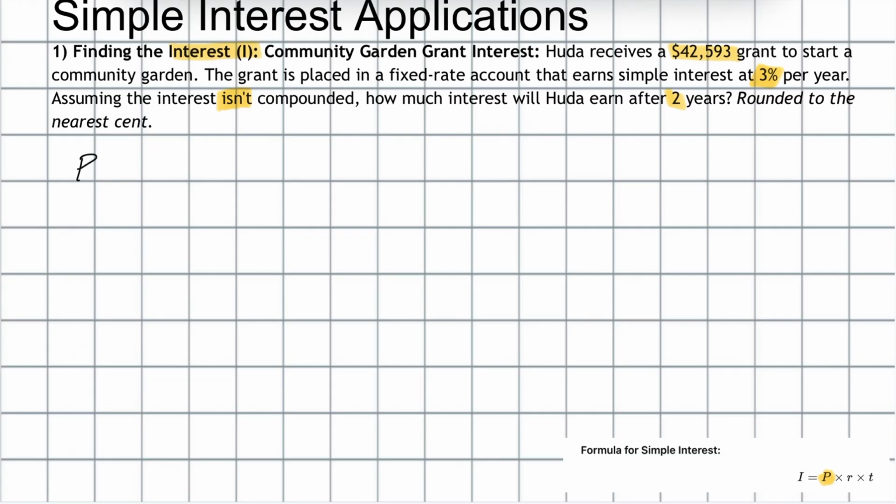So this is going to be P. Anything that has a sign of percentage is usually correlated with the rate, so we put an R. And anything that has some sort of timing, that's a year, but we're going to put T instead, indicating time.